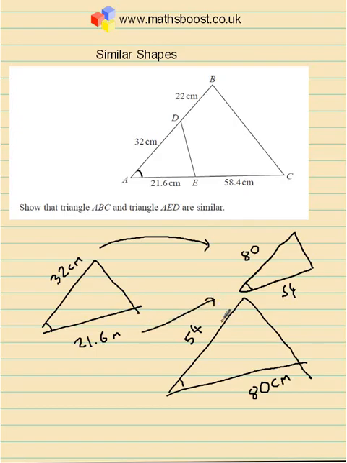That is a real nasty trick, and I don't think I've seen it crop up before, to be honest, but I've got my phone in front of me, so I'm just going to check. 80 divided by 32, I get a times 2.5, and I'll leave it to you to decide whether these have the same scale factor.